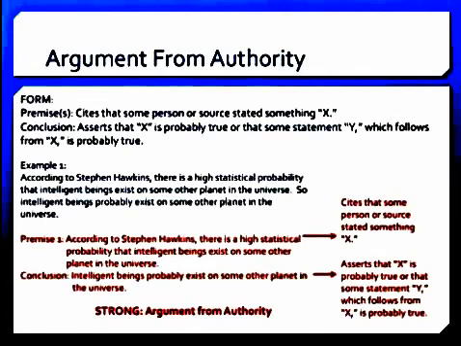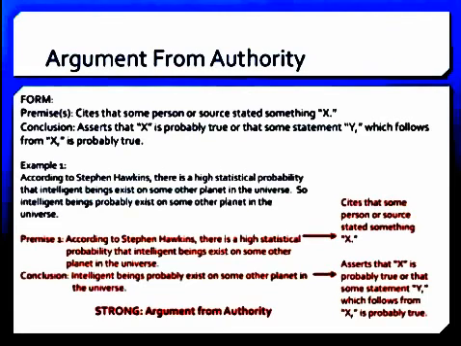Now, here is an example of an argument from authority. According to Stephen Hawking, there's a high statistical probability that intelligent beings exist on some other planet in the universe. So, intelligent beings probably exist on some other planet in the universe. Now notice how in this argument the premise is that according to Stephen Hawking there is a high statistical probability that intelligent beings exist on some other planet in the universe.